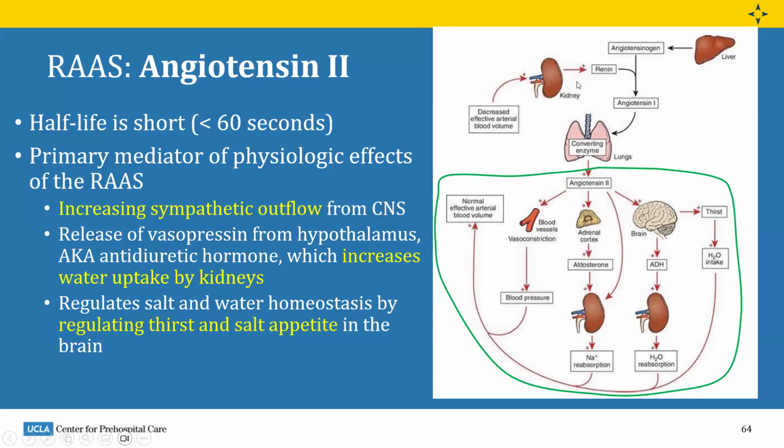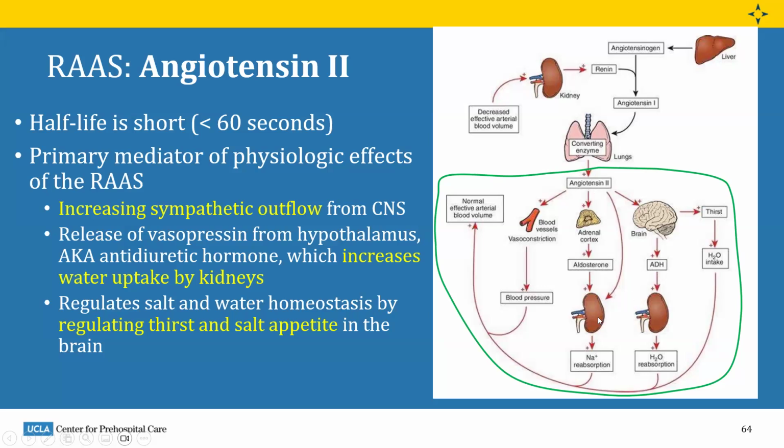So essentially, we've done it. The renin we produce converts angiotensinogen to angiotensin 1. That's going to be converted to angiotensin 2, which is going to do a bunch of things. It's going to cause our blood vessels to vasoconstrict. It's going to cause our adrenal cortex to produce aldosterone, which makes us absorb more sodium.